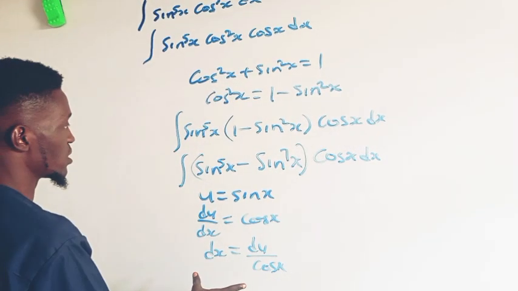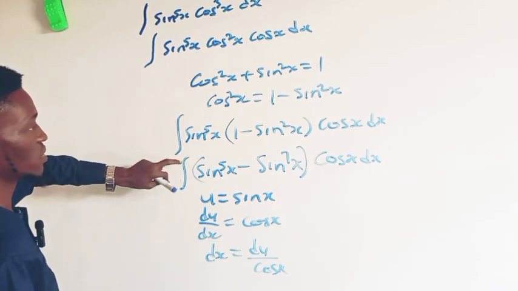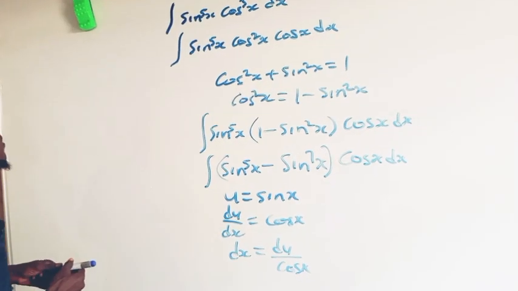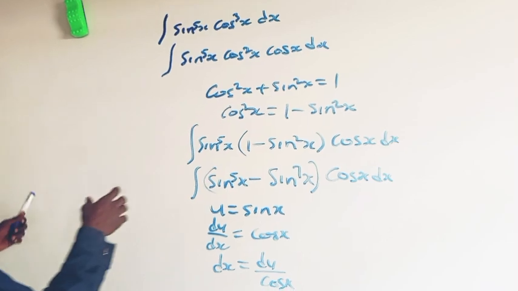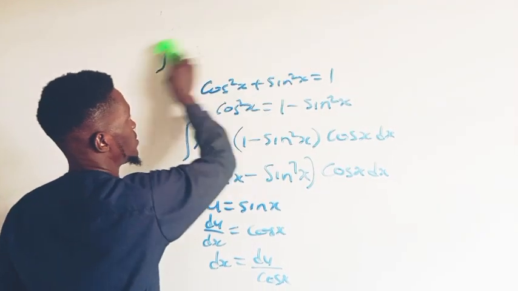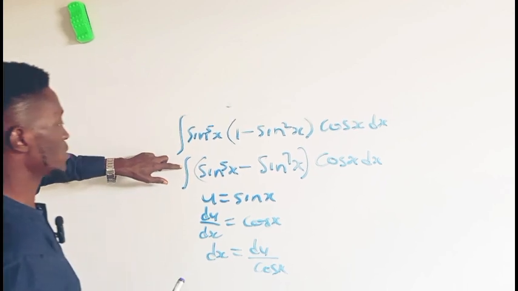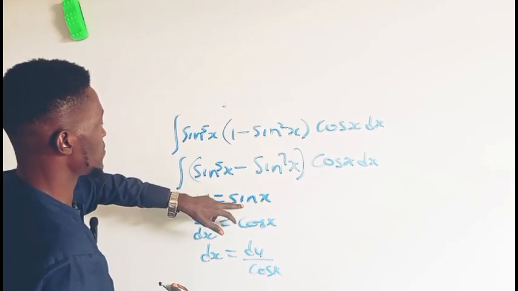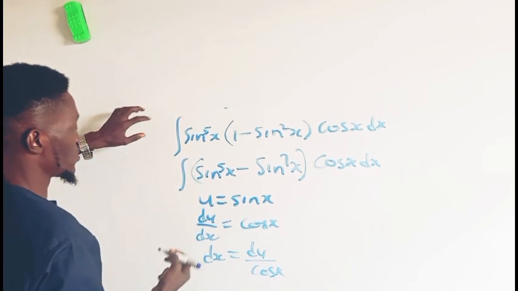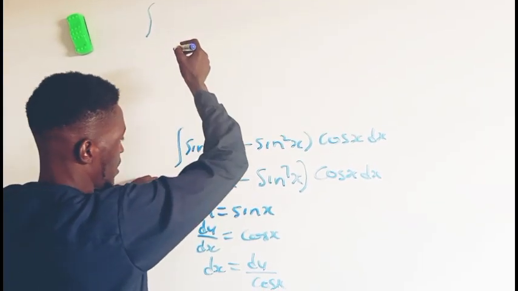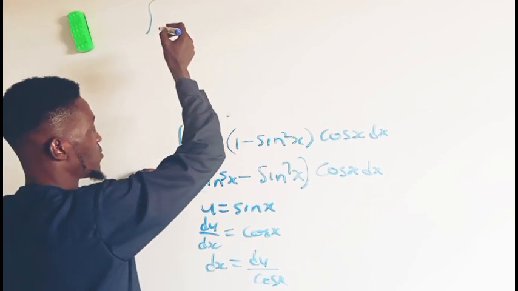Okay, so since we've gotten this, we are arriving somewhere. So what we're going to do is refer to this initial problem. So let me clean this side. Let's recall back. We know that anytime you see u, we replace it with sine x. So you're going to have our integral. I'm going straight to what we have.